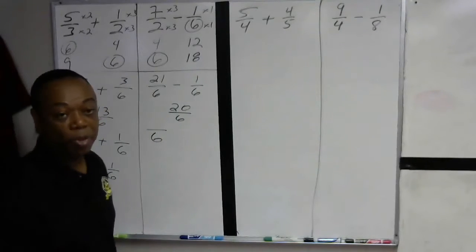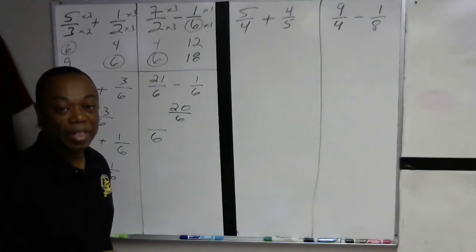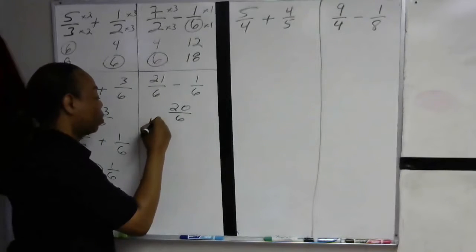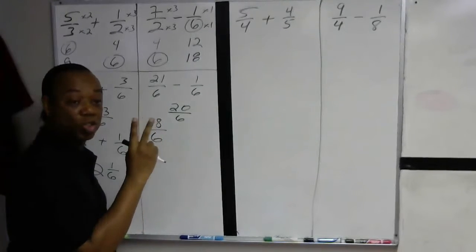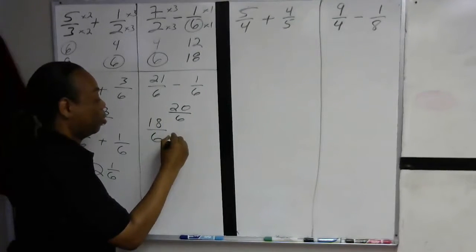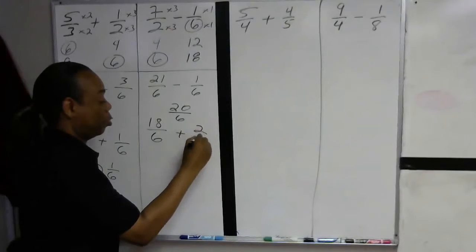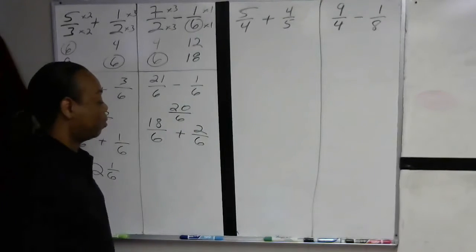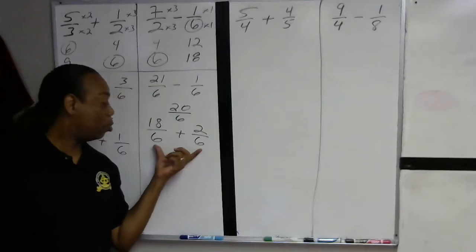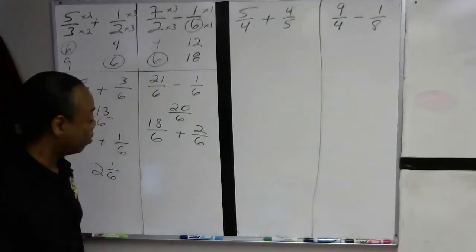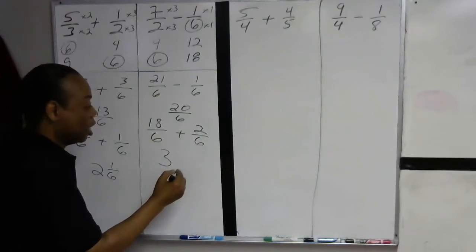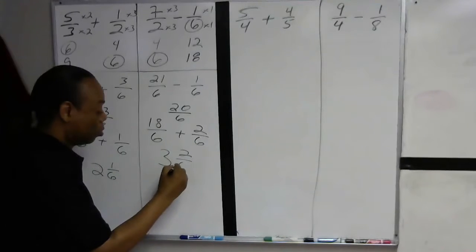Well, the closest number to 20 in the 6 times table will be 18. And the difference between 20 and 18 is 2. Okay. So now we're going to take 18 divided by 6, which is going to be 3. And we bring down our 2/6.